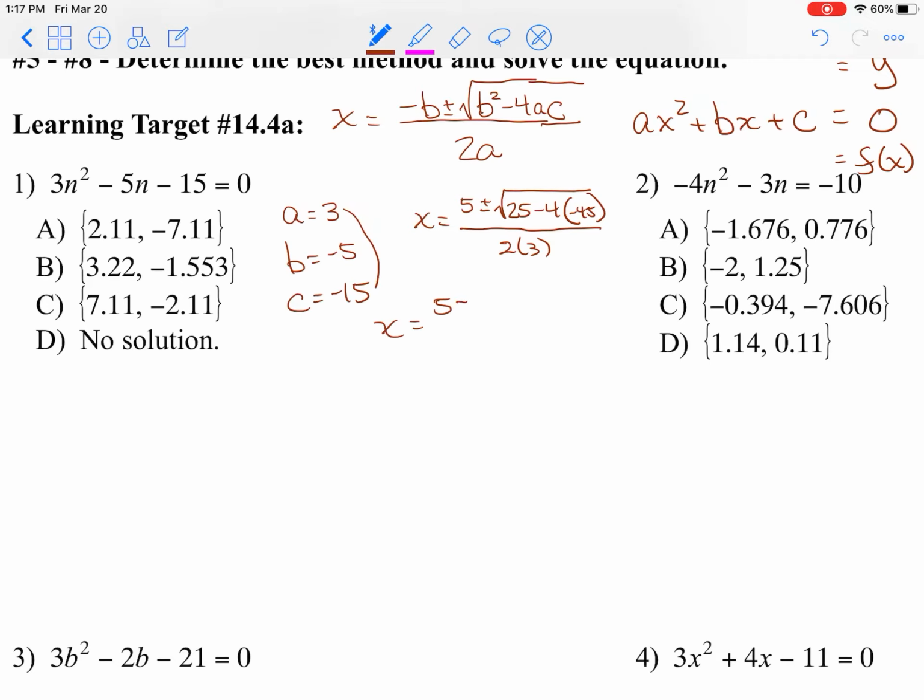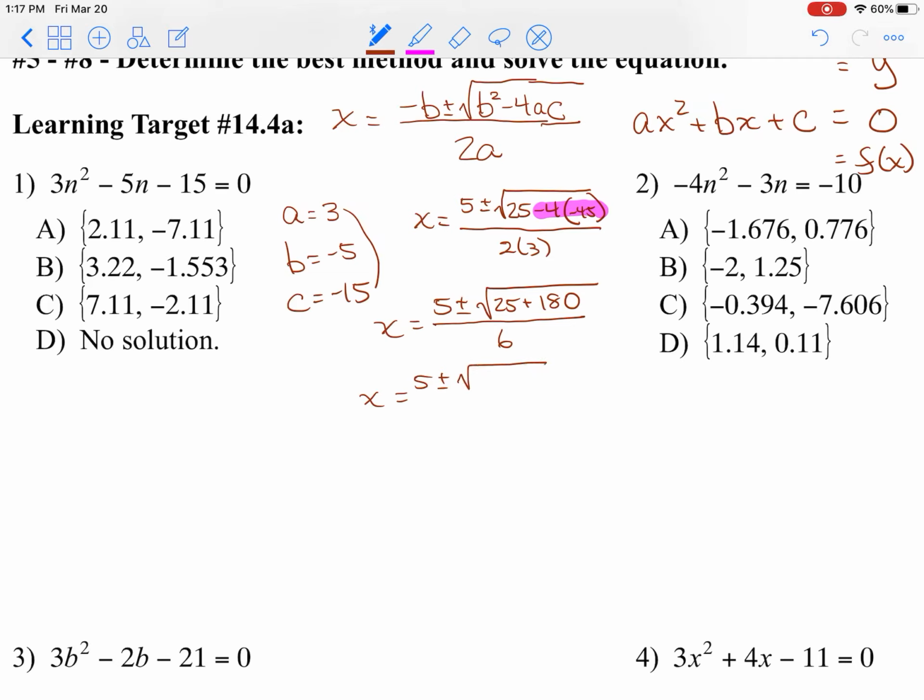So let's do a little work. Underneath our radical, -4 times -45 is going to give me, what, 180? And then 2 times 3, as we said a minute ago, is 6.